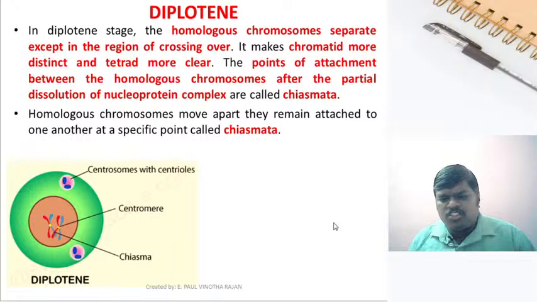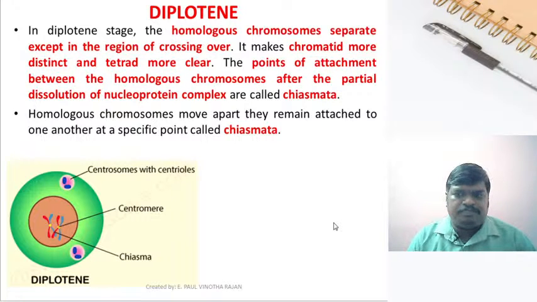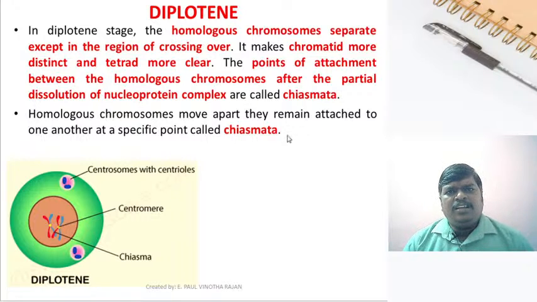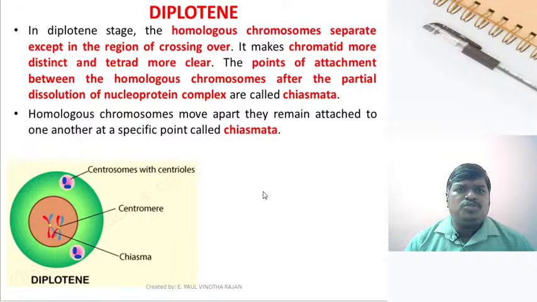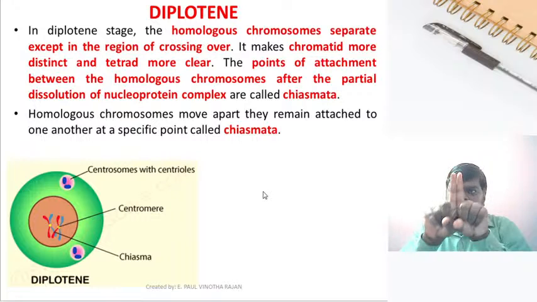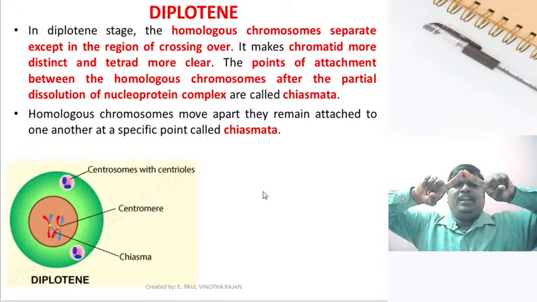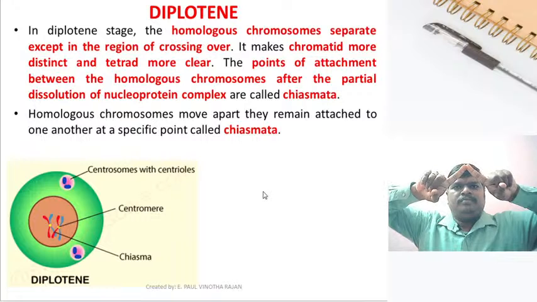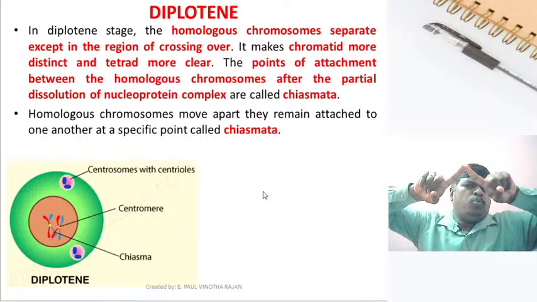The next stage is called the diplotene stage. In the diplotene stage, the homologous chromosomes separate, except at one part.